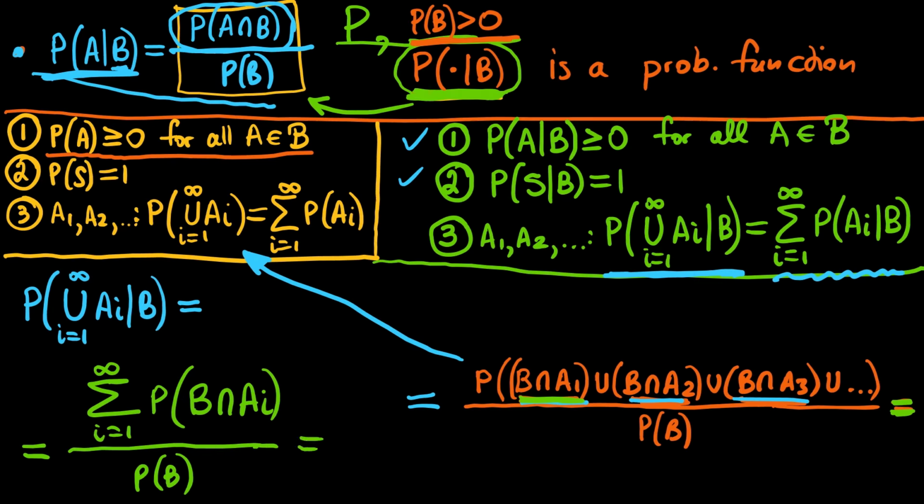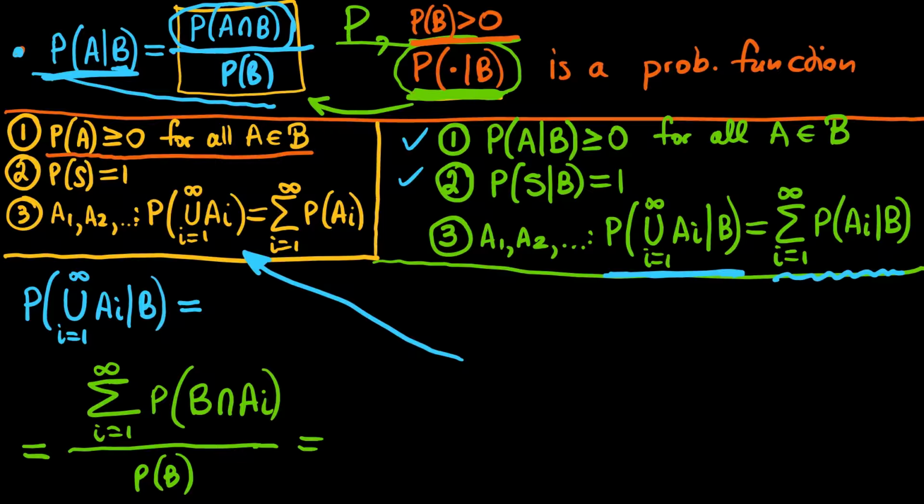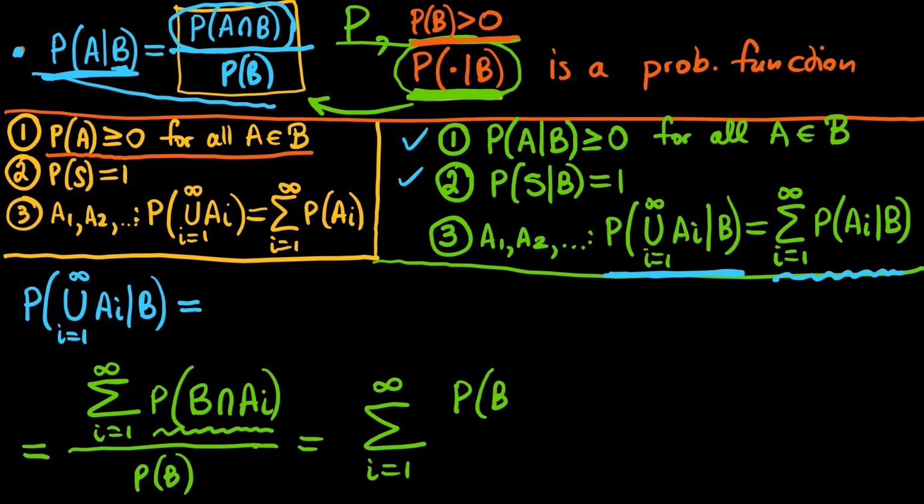Okay, and now we can erase this part here, and the probability of B is just a scalar, right? So we can bring that under the summation sign. Basically we divide each term in the summation by the probability of B. So then we can write it as the probability of B intersection with Ai divided by the probability of B. And let's not forget what the destination is here.